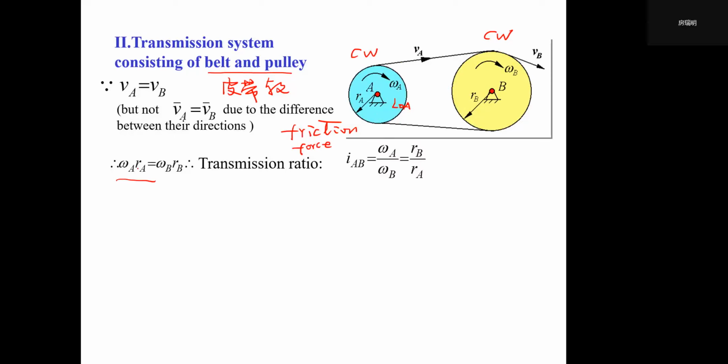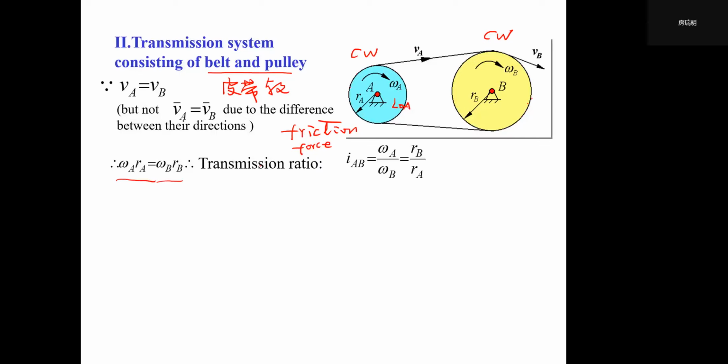So omega A times RA means the velocity at a point, also a point on the belt, and omega B times RB is also on this part. Because this motion is continuous, this expression will always be true.